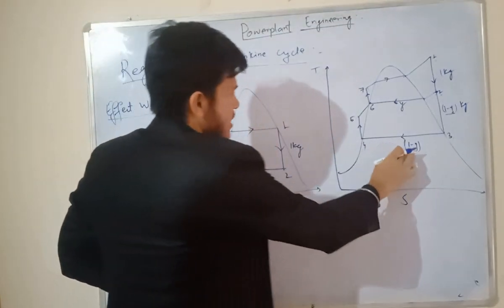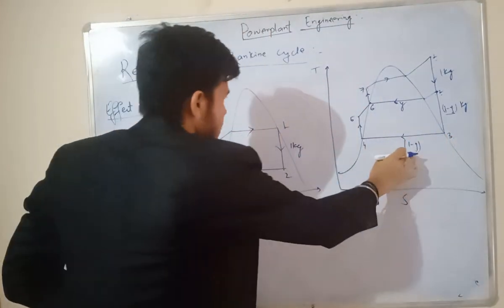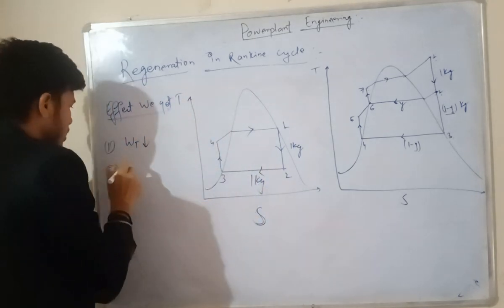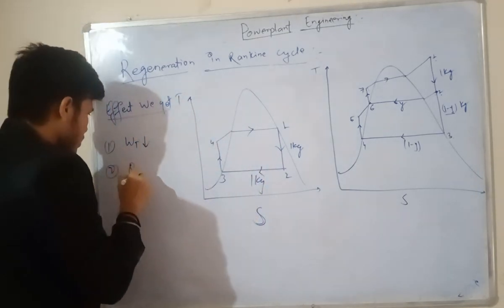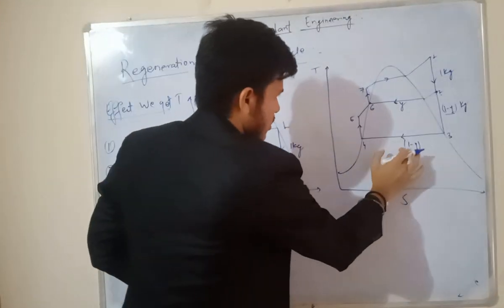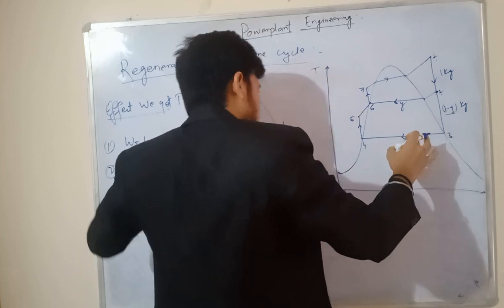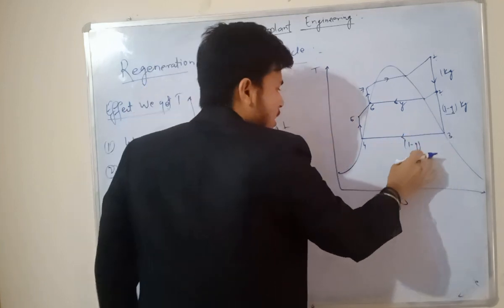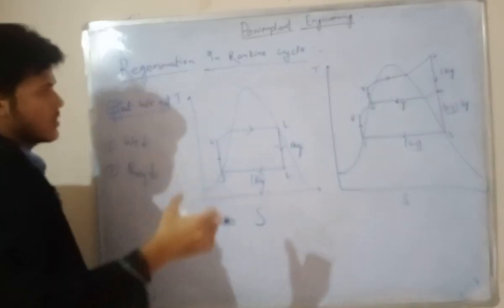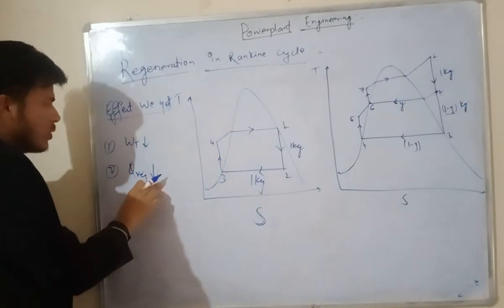It means the mass is less, the load on the condenser is less than in the simple Rankine cycle. So the Q rejection also decreases. The load which we have to condense in the condenser is 1 minus y kg only. That's why the load on the condenser is less and the Q rejection is less.